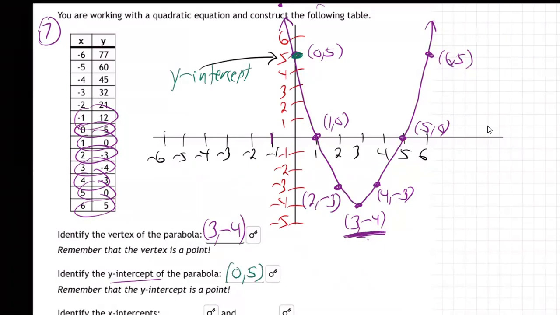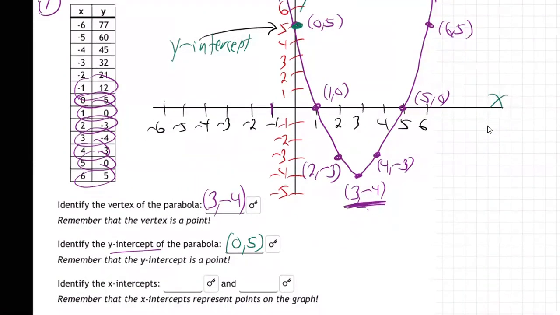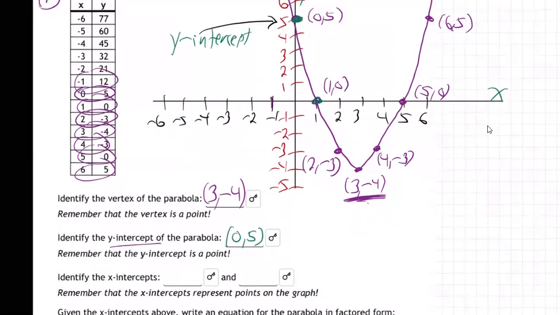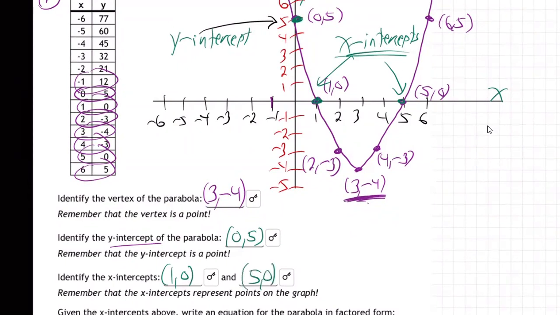What are the x-intercept points? Well, right here and here. So that is 1, 0, and 5, 0.